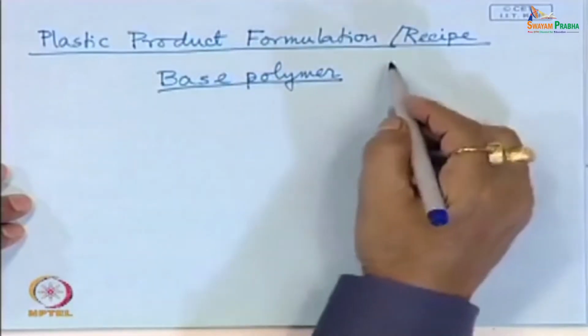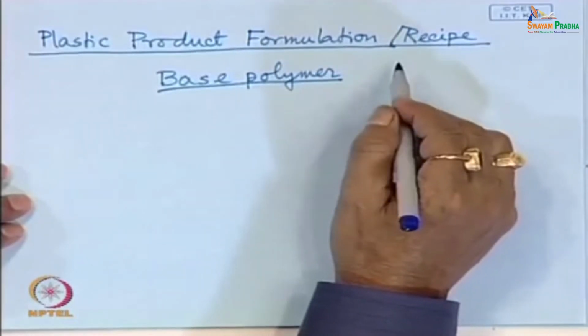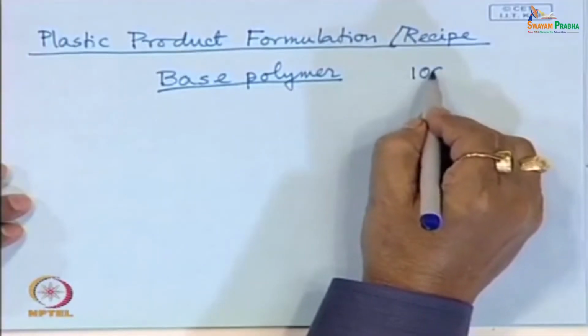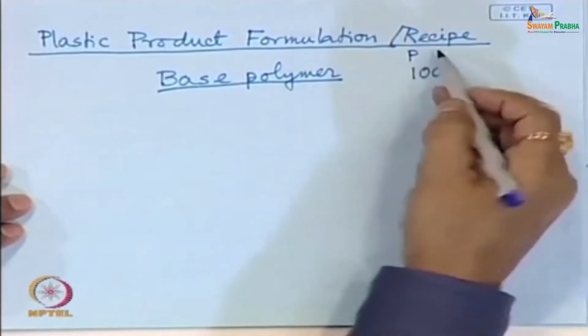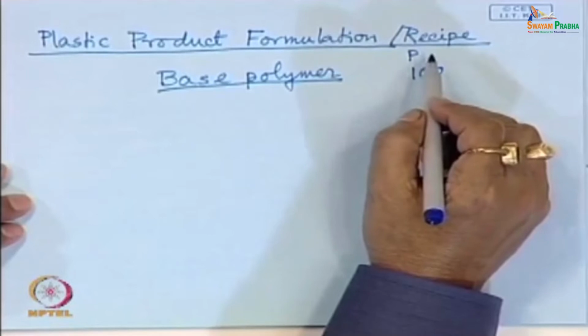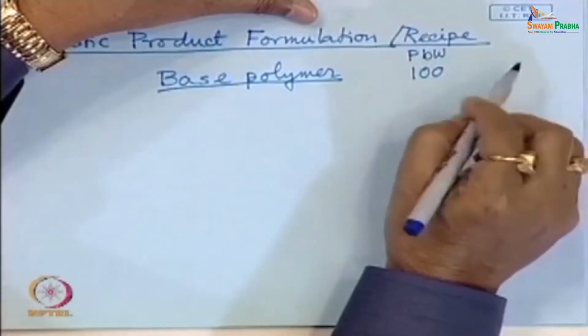So, if you consider this base polymer, say polyethylene, polypropylene, polyvinyl chloride, you take parts by weight, or PHR. In case of rubber product, we write parts per 100 parts of rubber, PHR; that is the convention. Here we can write PBW, parts by weight.